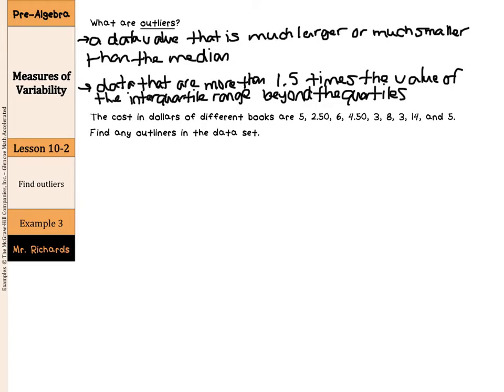So we get to find the median, so we can find the first and third quartile, so we can multiply it by 1.5 in order to look and see if we have outliers.